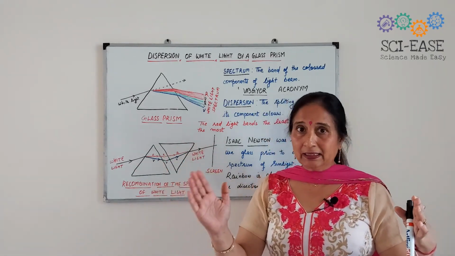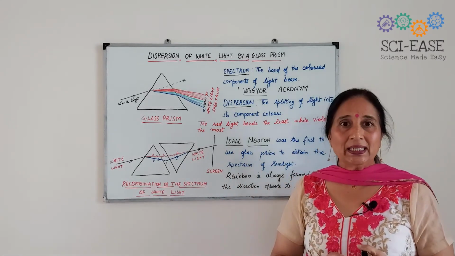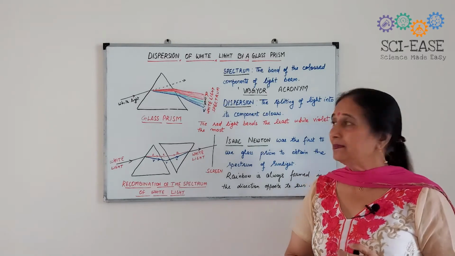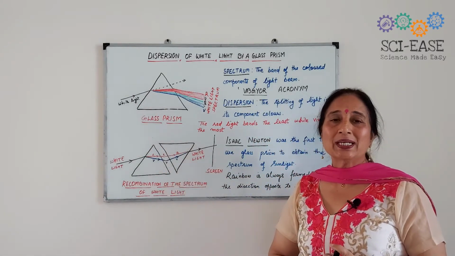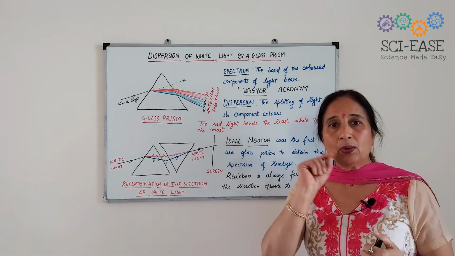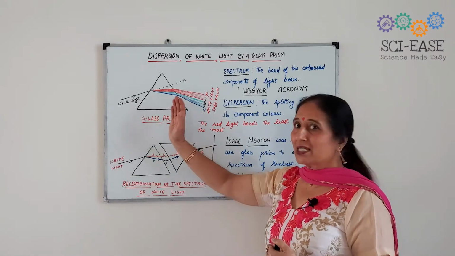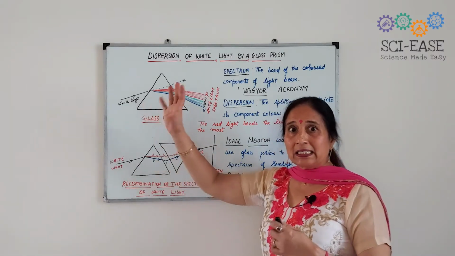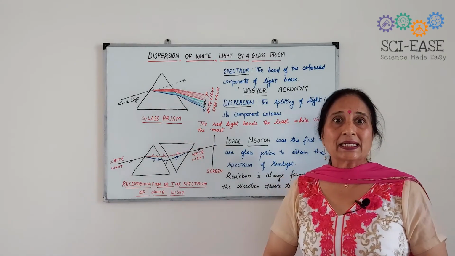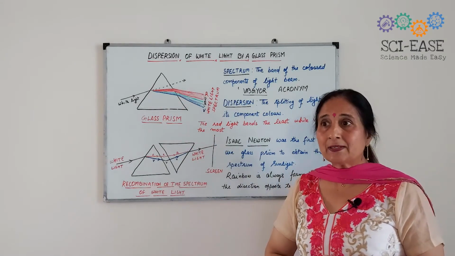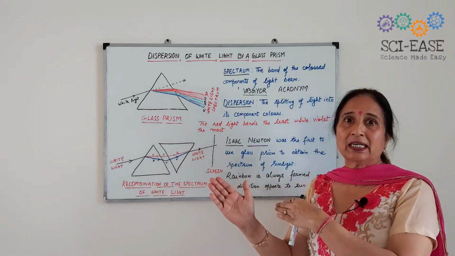In order to explain it, we will take up an activity. We will take a cardboard, make a hole in the middle of it, and allow white light to pass through this hole. Now place the prism and turn it so that refraction of this light takes place, and this will result in the formation of 7 different colors.